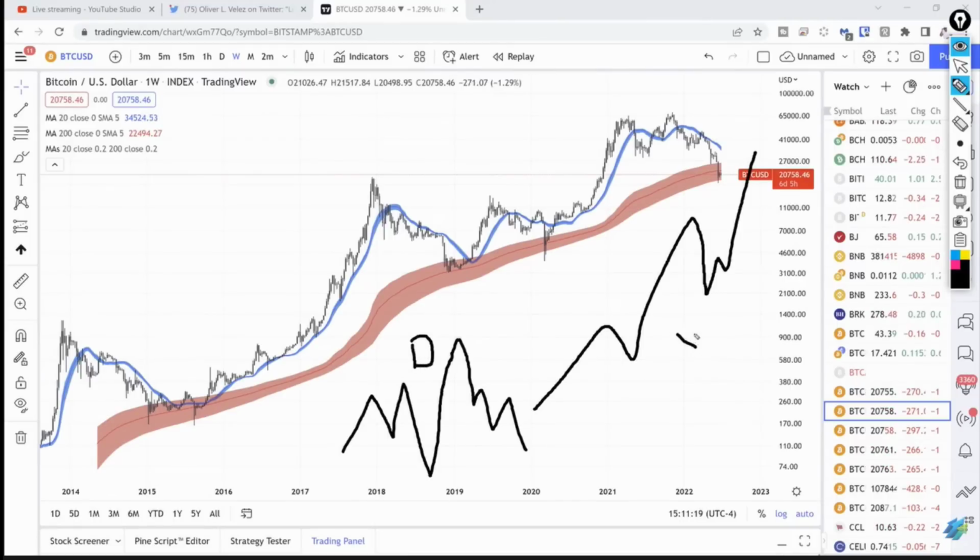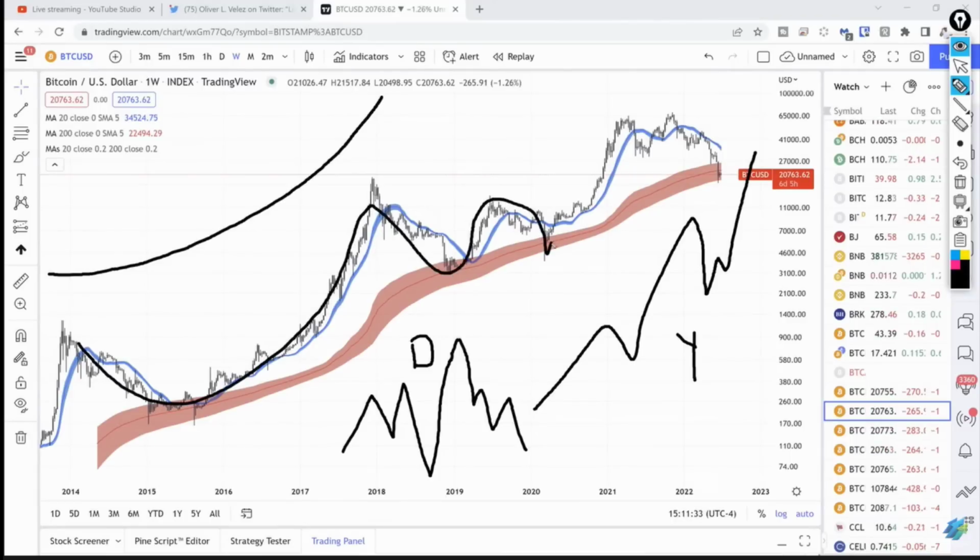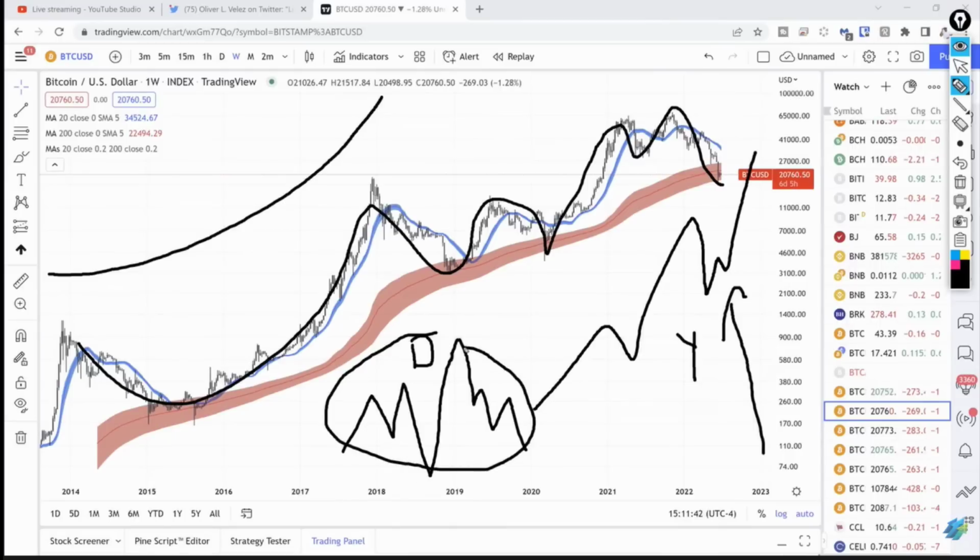This is years. And this is decades. So what you're looking at is the years part. See, this is the years part, right? That's this one.